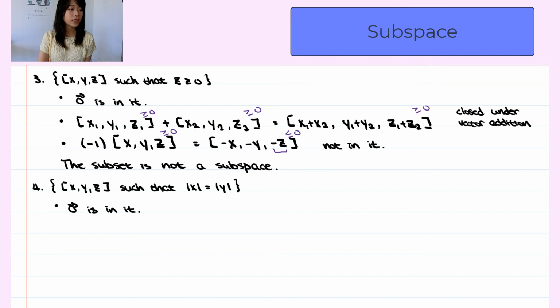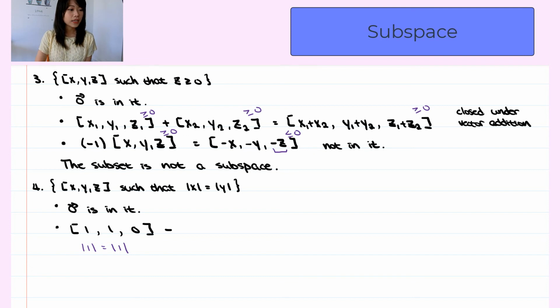Absolute value of 0 equals absolute value of 0. How about vector addition? If I take a vector in the subset, for example, 1, 1, and 0. This vector is in the subset because the absolute value of x, which is 1, equals the absolute value of y, which is absolute value of 1.